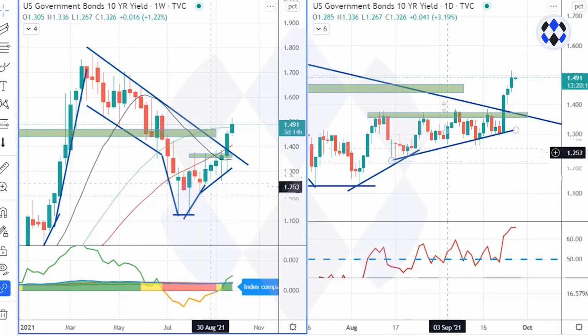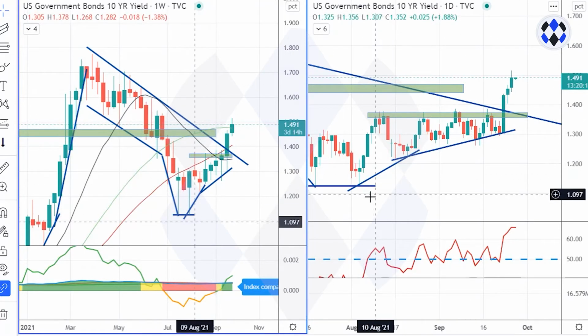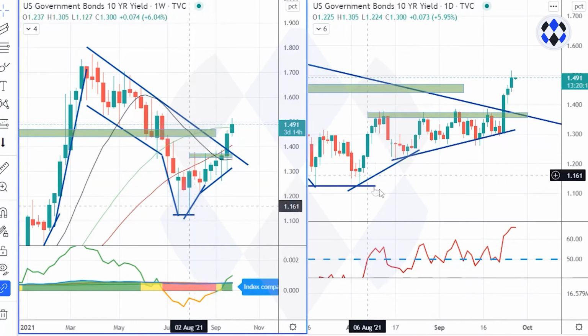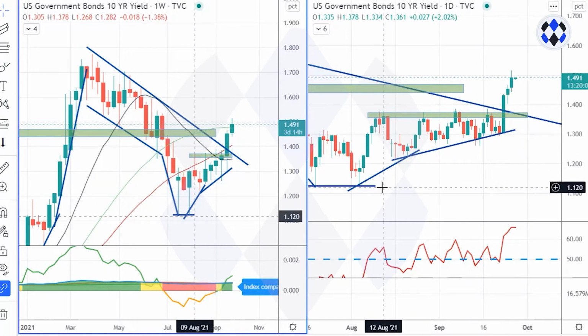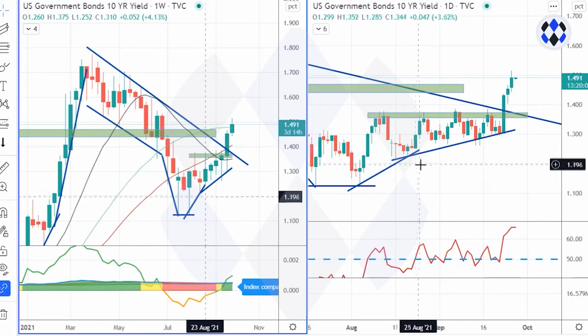Now running with a 10-year yield down here towards 1.1, 1.2, 1.3 is not sustainable when you have an inflation of, let's say, 5.3%, because that means that you are in reality taking a negative interest rate of 4%.